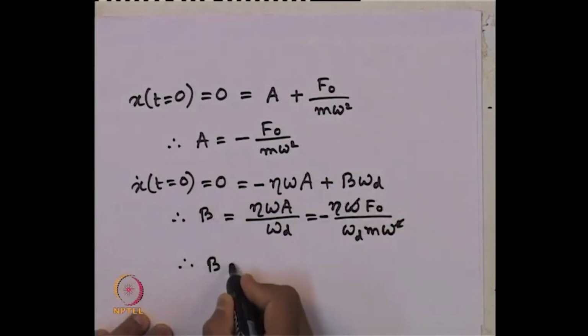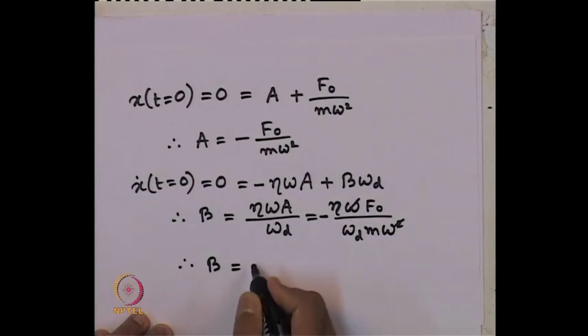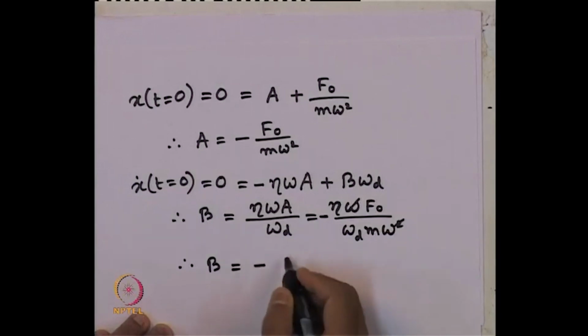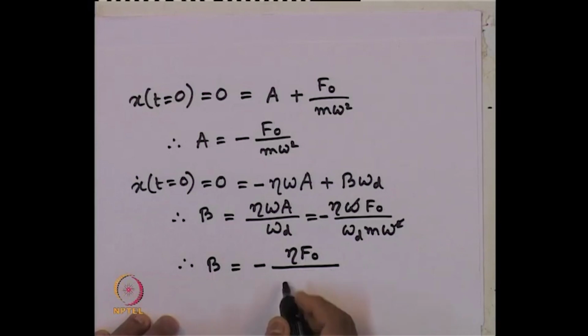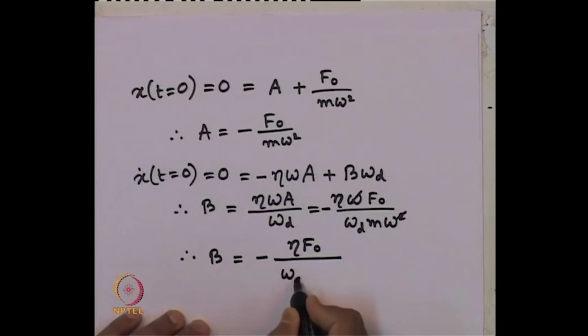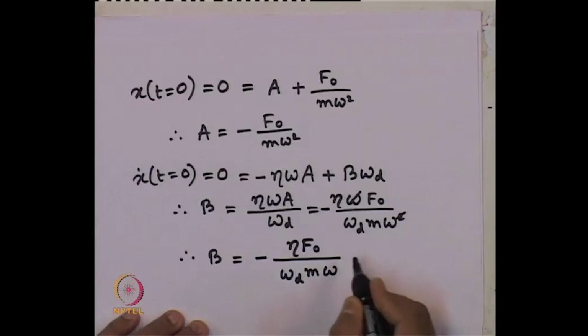Therefore, B is minus eta f naught by omega d m omega. So, if we simplify this, what will we get?